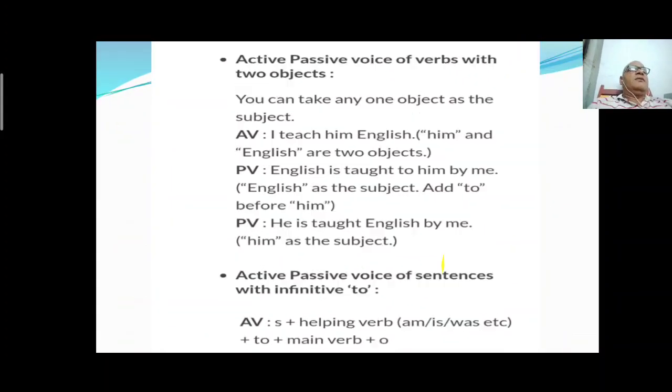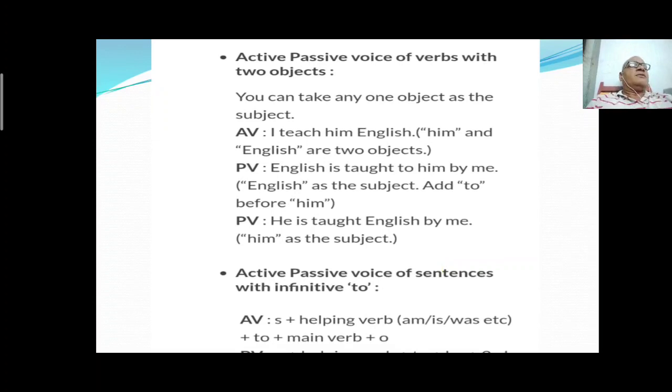Let's see here, I teach him English. It has two objects. In such cases, how can we write it? We can write it in two ways. English is taught to him by me is one. He is taught English by me is also one of the sentences.